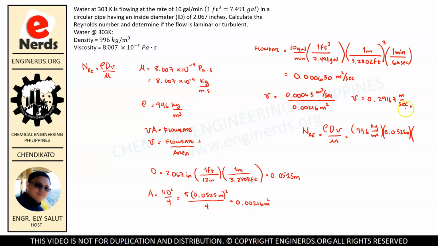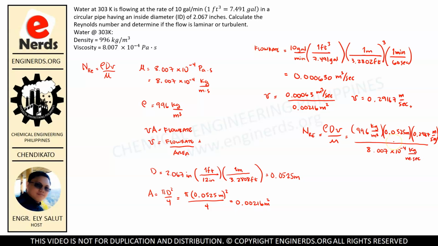And then our velocity, which is 0.29167 meter per second. Okay, and this is all over our viscosity, which is 8.007 times 10 to the negative 4 kilogram per meter seconds.